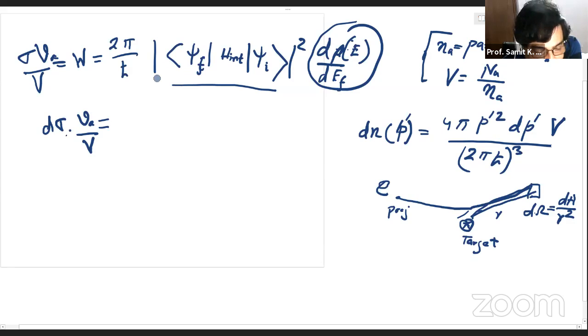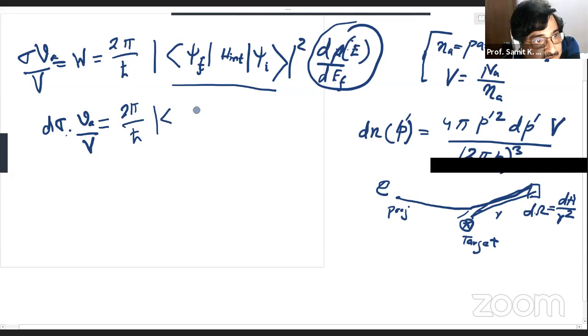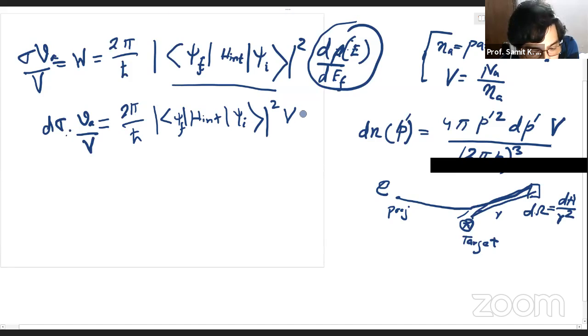it's equal to the same stuff will become here. This is the 2 pi by h cross, and this whole stuff will be there, the psi f, H interaction, then the psi i, then this is square, and this we can write in terms of a. Maybe I can consider it as a mod of this one, then it will be better for me.